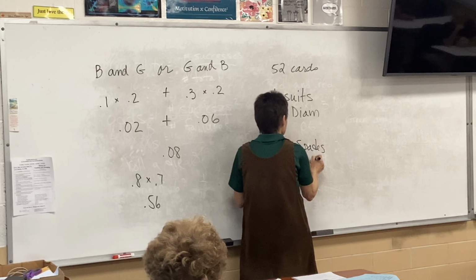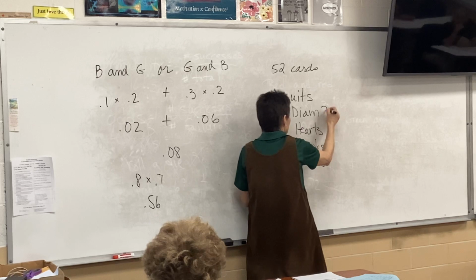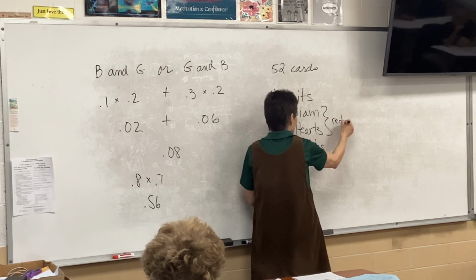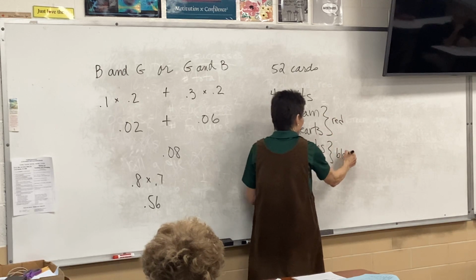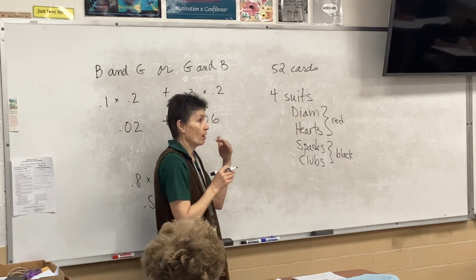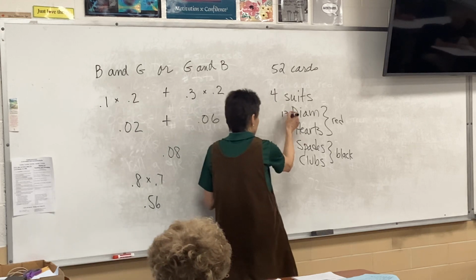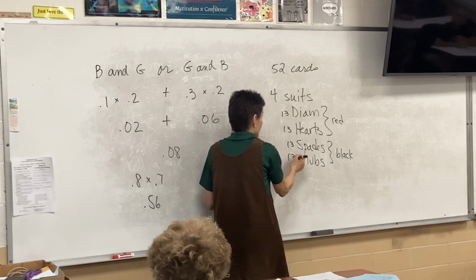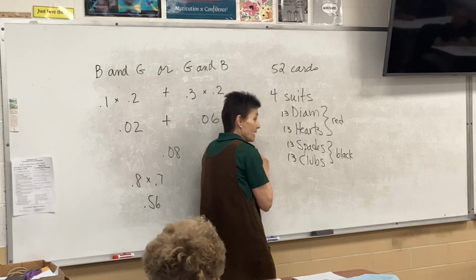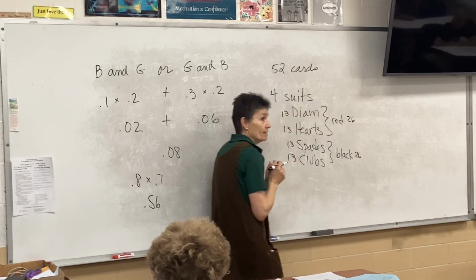And the diamonds and the hearts are red, and the spades and the clubs are black. So since there are 52 cards altogether, there's 13 of each suit, right? And then that means there's 26 reds and 26 blacks.